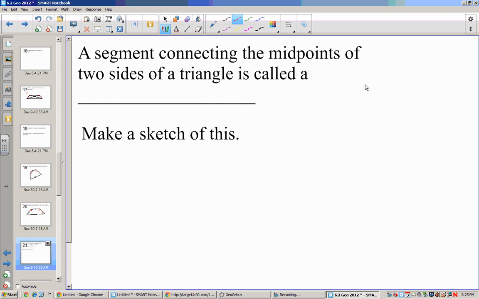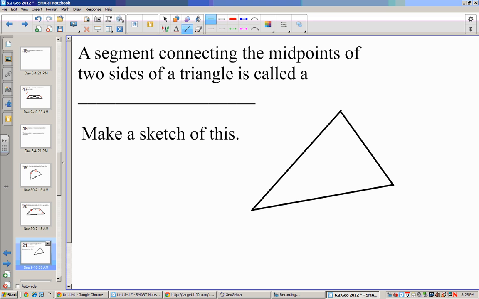All right, a segment connecting the midpoints of two sides of a triangle is called a midsegment. So if I have the midpoint of this side and the midpoint of this side, connecting them would be the midsegment.